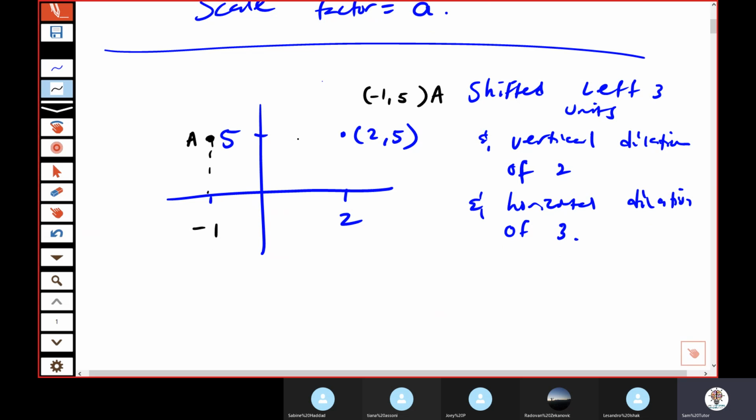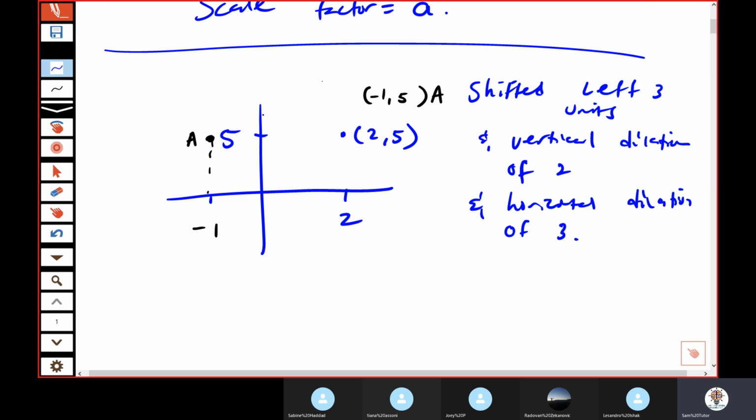So, is it changing the x values or the y values? Y values. So does x change? No. It's still going to be at -1. Instead of it being at 5, where's it going to go up to? 10, because you're multiplying by 2. A vertical dilation of 2.